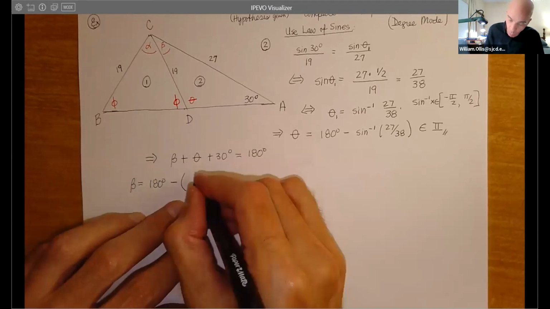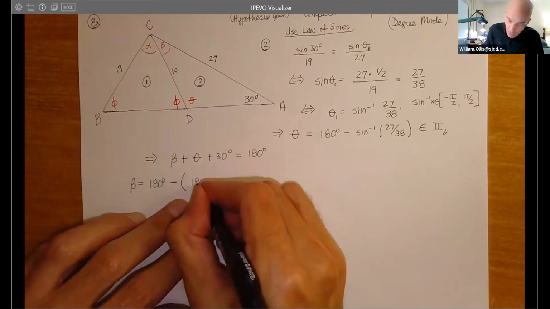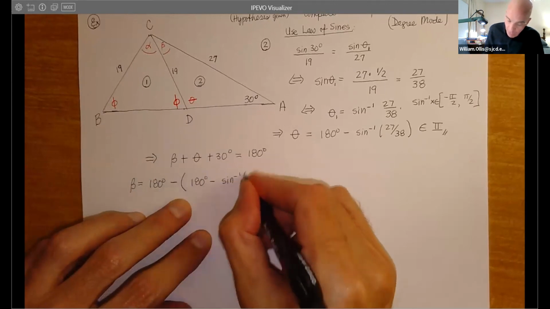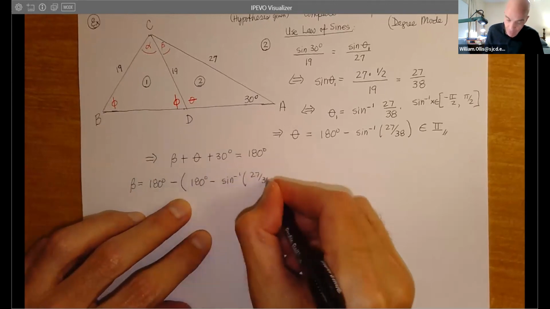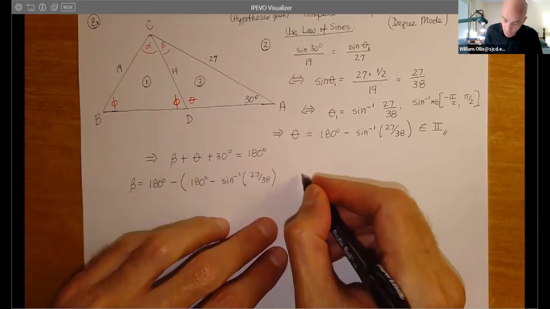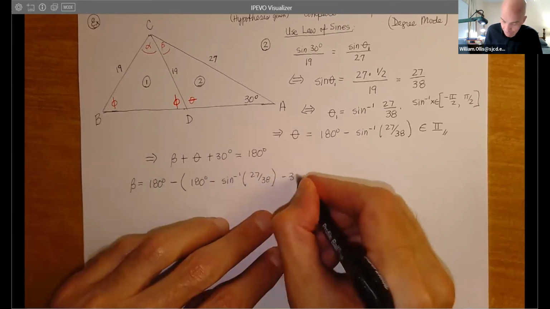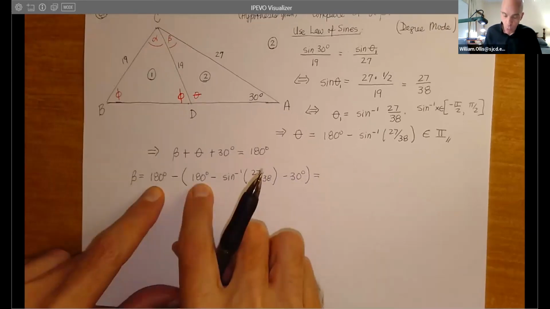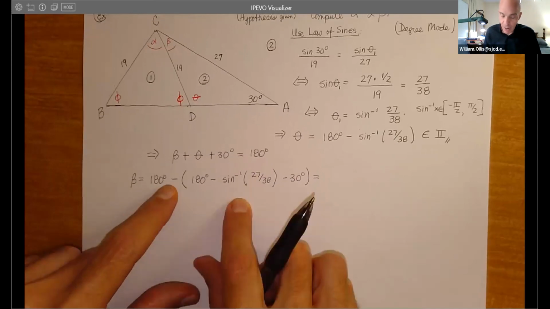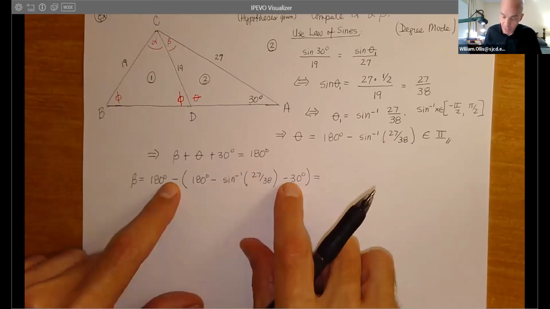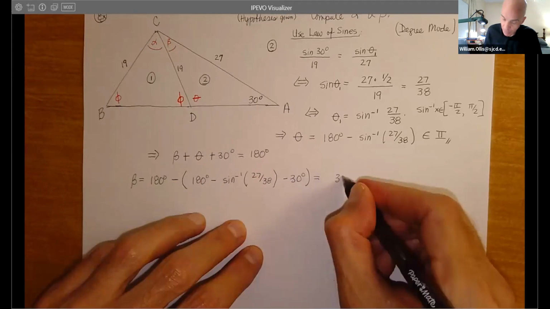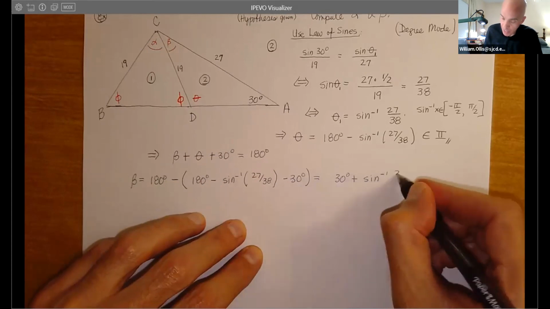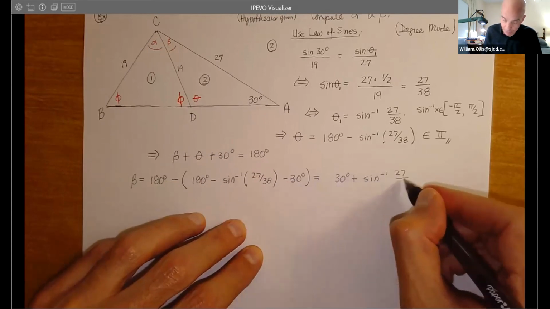So this gives us 180 degrees minus inverse sine of 27 over 38, again, minus 30 degrees. Now, when you do all this subtracting, notice the 180s absorb, and you get a minus minus here, and then a minus minus here. So this gives us 30 degrees plus inverse sine of 27 over 38.